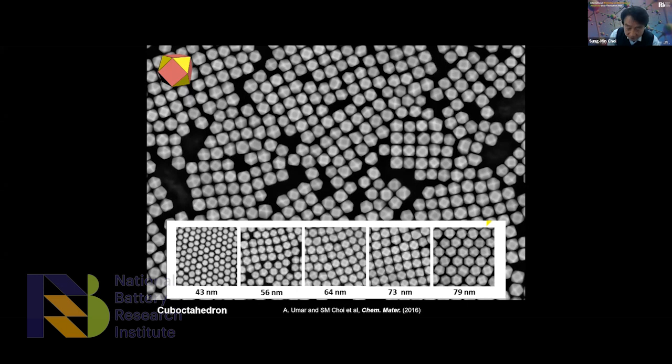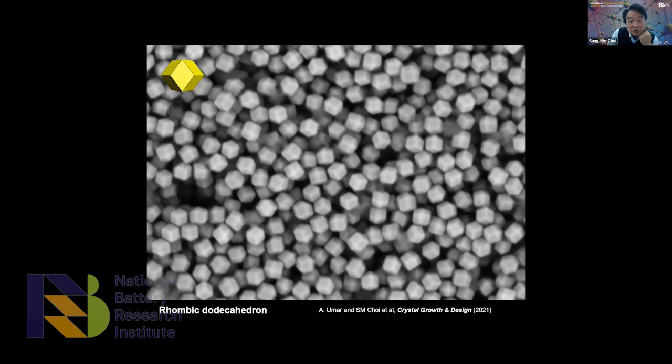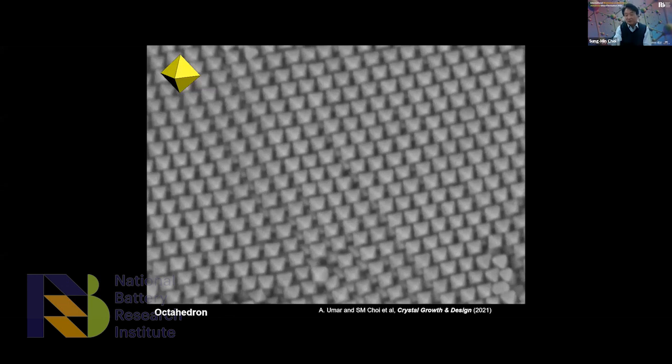In fact, the one who developed and made this particle is Amina Uma, who was my former student. Now she is in the chemistry department at the University of Indonesia, and she also found a way to make different shapes of cuboctahedral nanoparticles. This is rhombic dodecahedron, and this is octahedron. These are very beautiful nanoparticles.